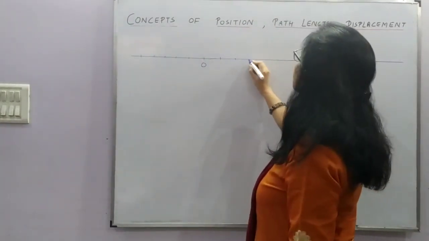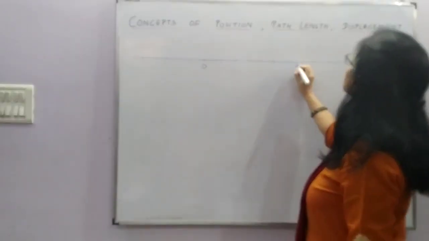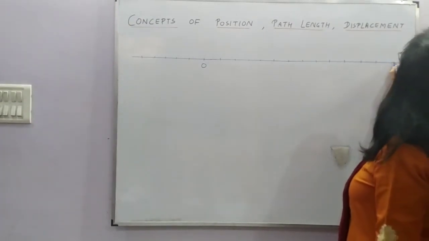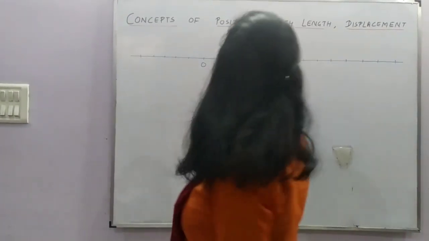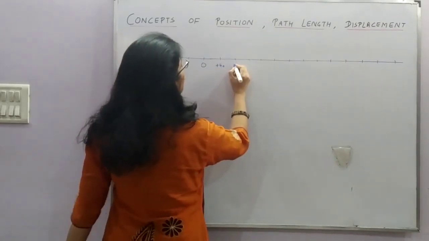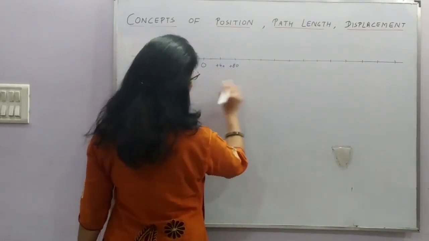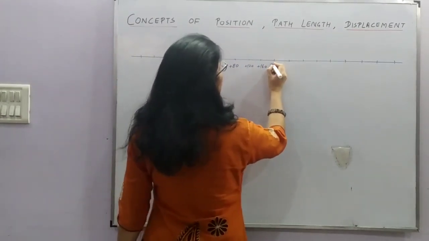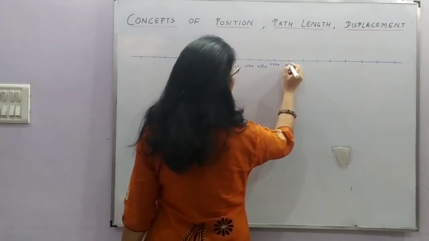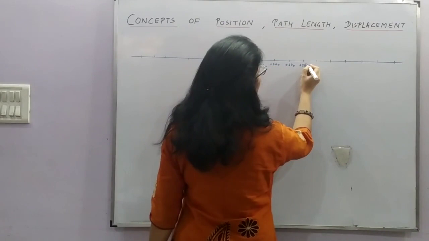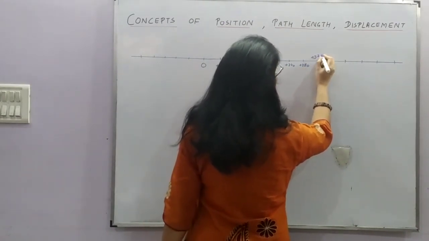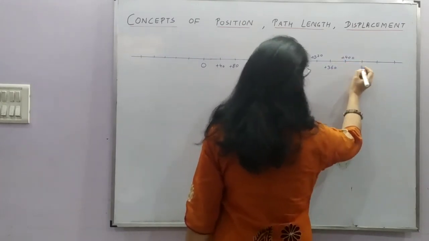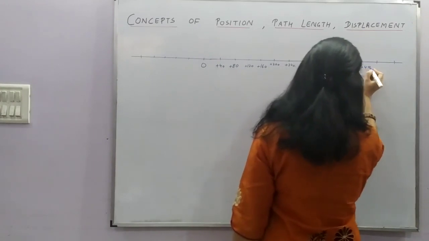So here, if I'm taking 40 difference, this is 40, 80, this side is the plus side, this is 120, this is 160, this is 200, this is 240, this is 280, this is 320, this is 360, this is 400, this is 440, and so on.